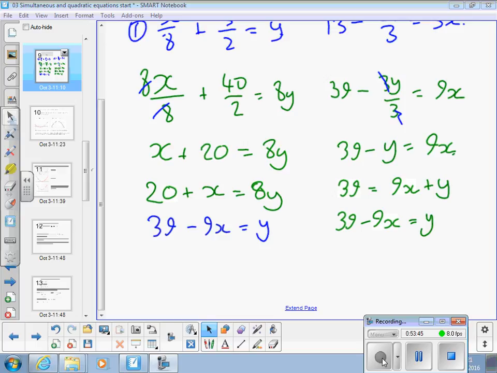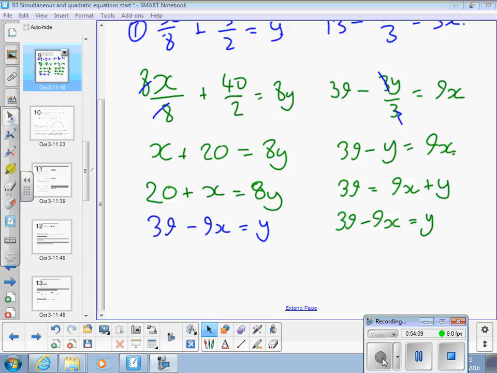We've got two options really, haven't we? The top one by multiply the bottom one by 8 to make both of them 8y, or multiply the top one by minus 9. So, I'd certainly multiply this one by 8 if that was me.